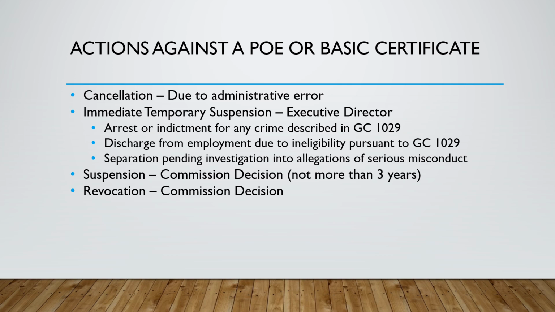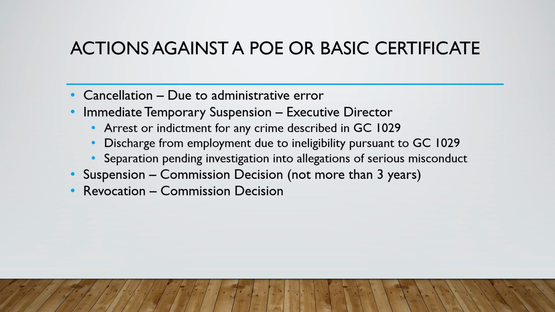There are several actions that POST may take against a peace officer's proof of eligibility or basic certificate: cancellation, immediate temporary suspension, suspension for a period of not more than 3 years, or revocation. Cancellations most commonly occur as a result of an administrative error. Perhaps a peace officer's probationary period has been extended without POST's knowledge.